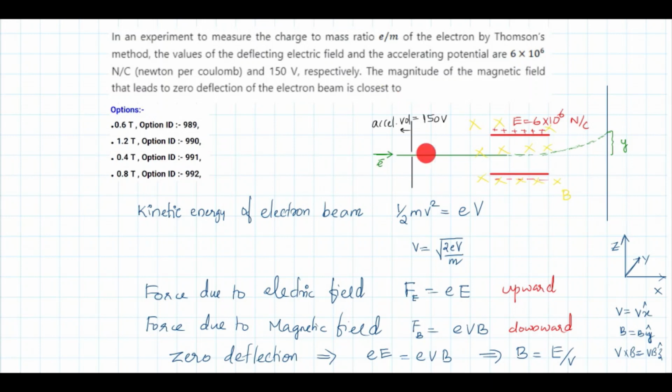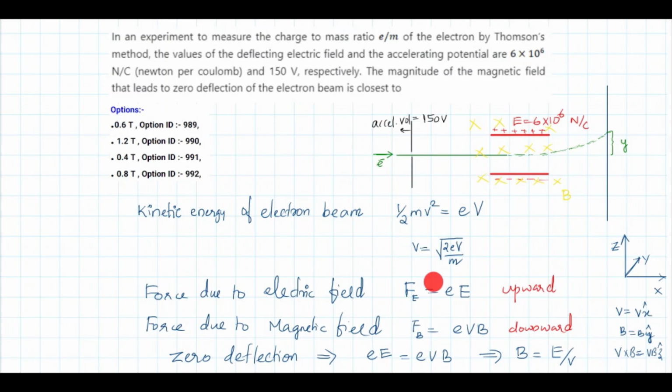The idea to solve this question is, for a charged particle, the electric field will produce a deflection by the force qE and the magnetic field will produce a deflection by the force qV cross B. A charged particle in an electric field experiences a force qE, where q is the charge and E is the electric field, and if it is moving in a magnetic field, it experiences a force qV cross B, where V is the velocity of the particle.